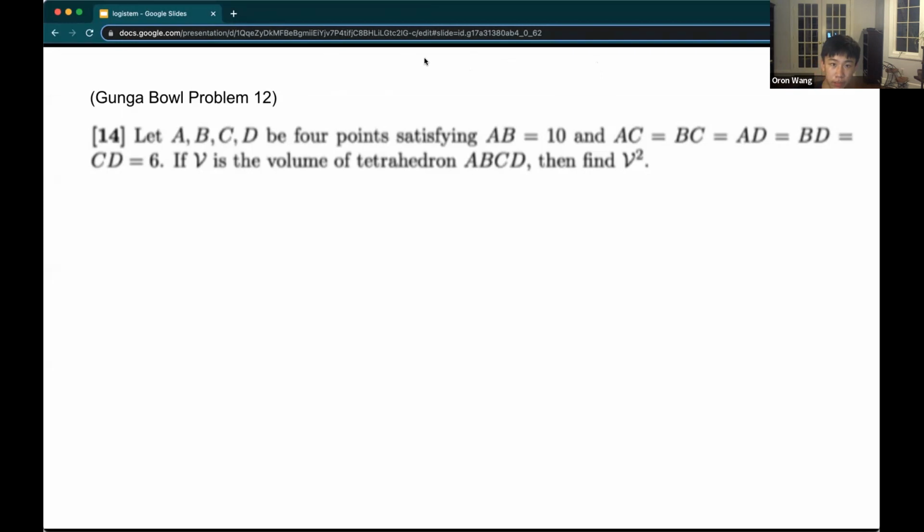Okay, I think we can start going over this problem now. So the first thing we have to do is to draw a diagram.